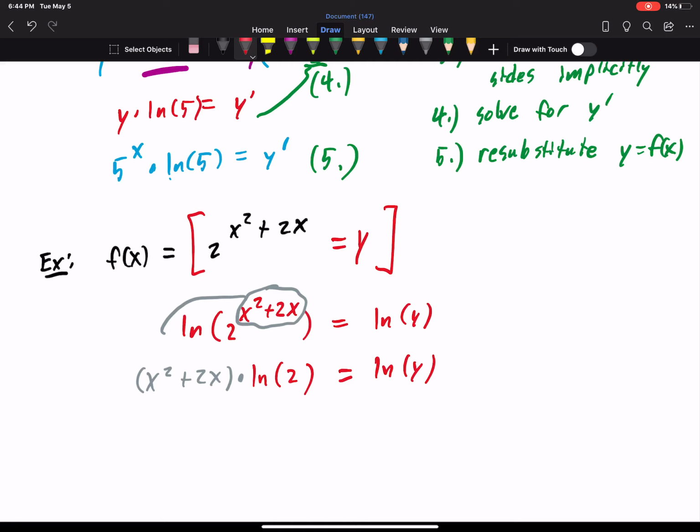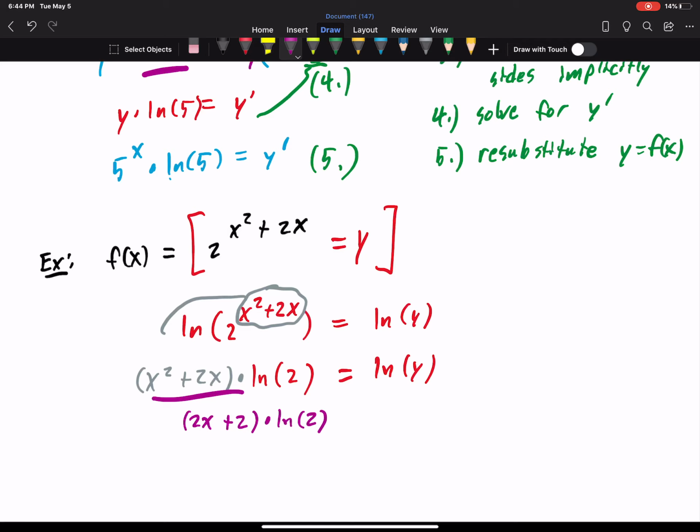All right, so now that we have this set up, what we're going to do is derive both sides. Notice that natural log of 2 is just a number. You can plug that into a calculator and it's going to give you a nasty decimal. So the only thing we really need to derive is this x squared plus 2x thing. The natural log of 2 will just come along for the ride. So when we derive this, this gives us 2x plus 2 times the natural log of 2.